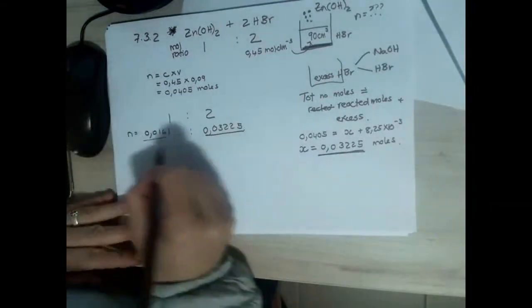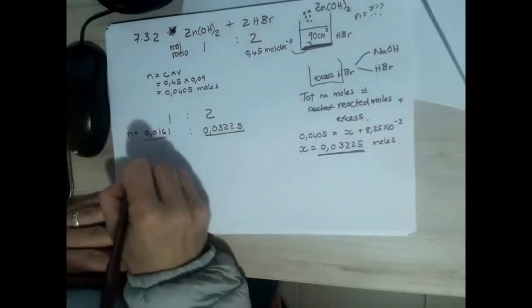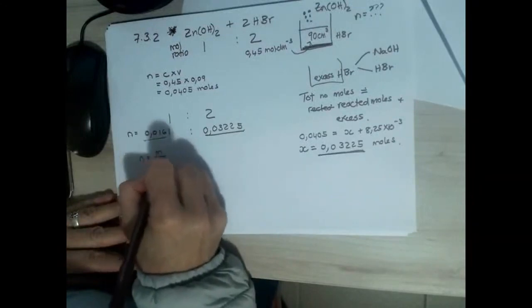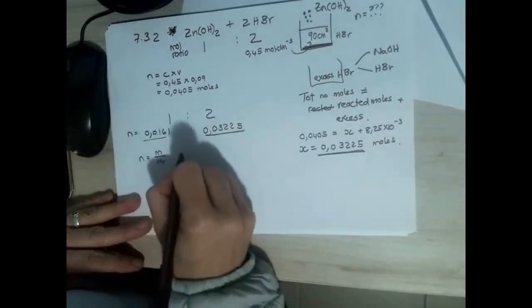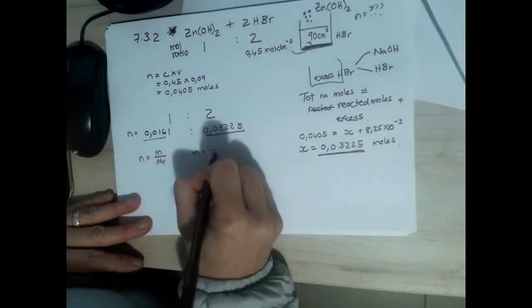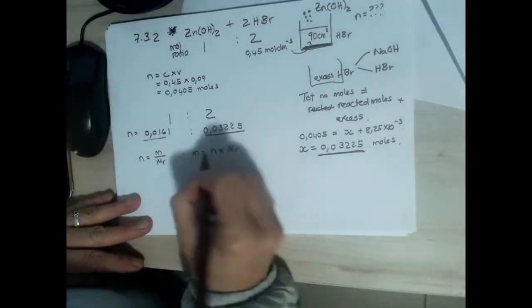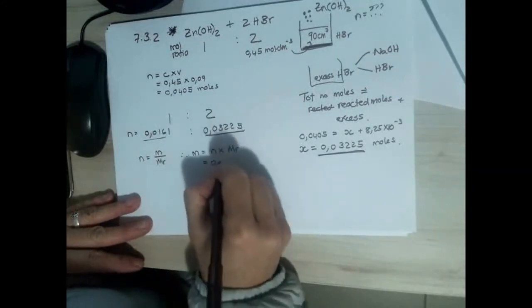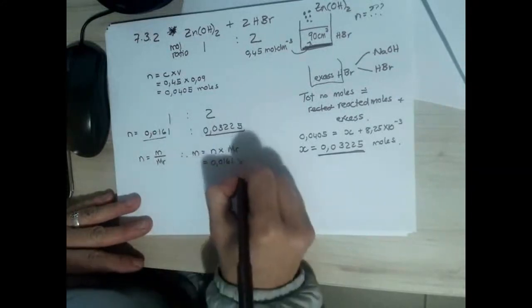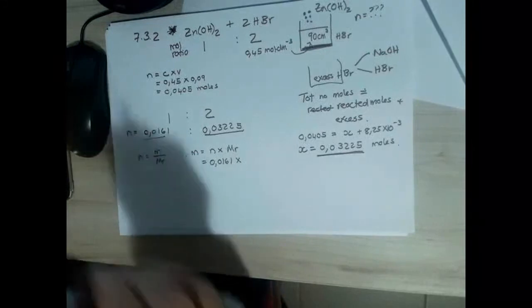Then you go back to your old equation, moles is equal to mass over molar mass. And you want to know what the mass is, so mass is number of moles times my molar mass. I know how many moles of zinc hydroxide I used. I used 0.0161.